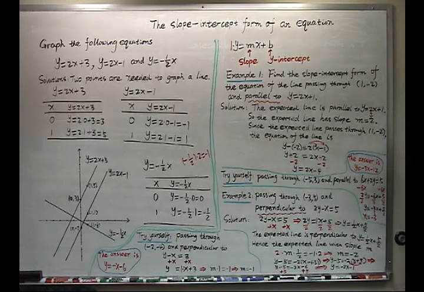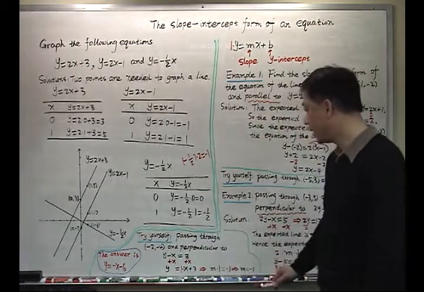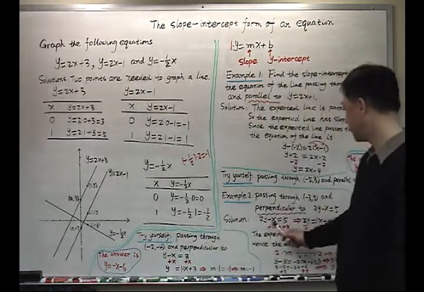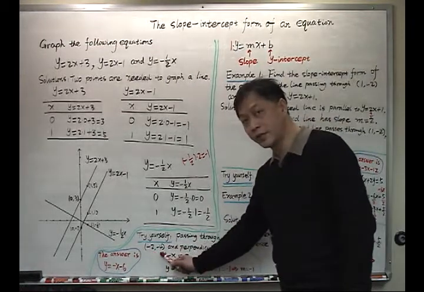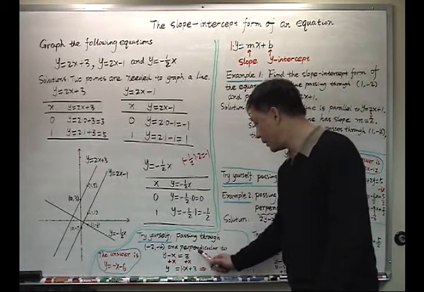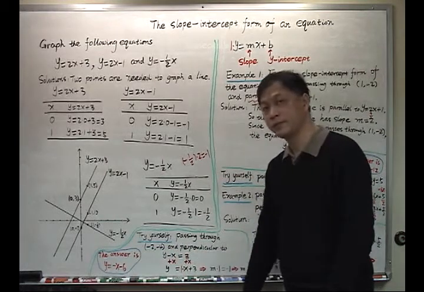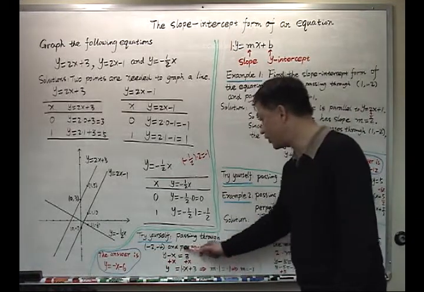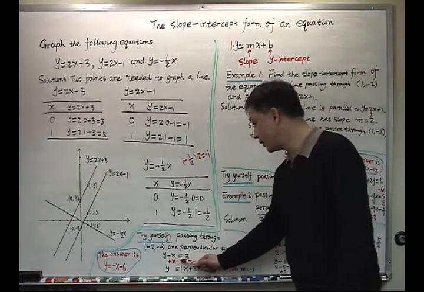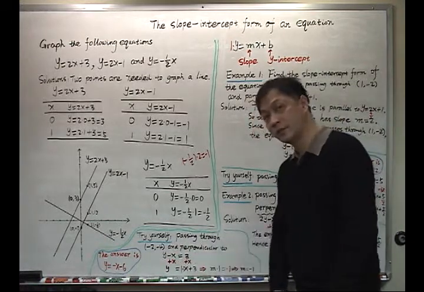Now try this one yourself. This one is similar to the one right here. Passing through negative 2, negative 4, and perpendicular to y minus x equals 3. So you want to find out the slope of this line first.